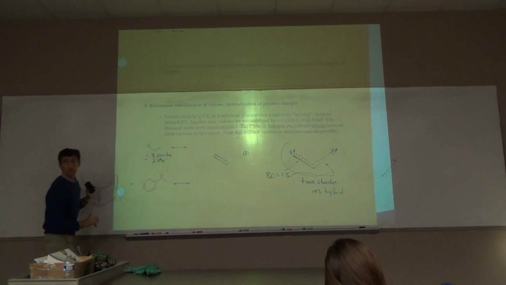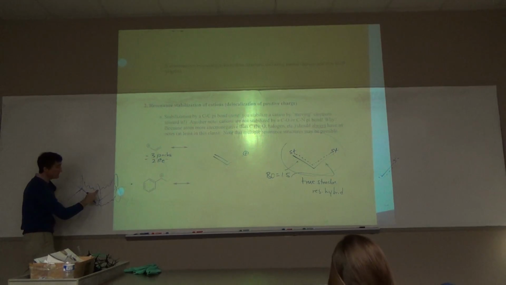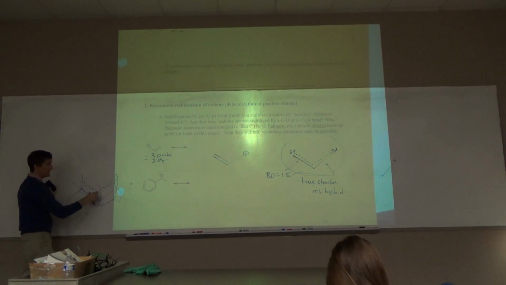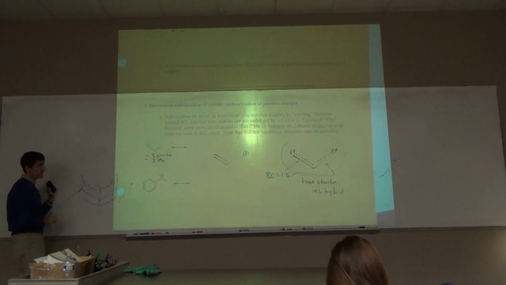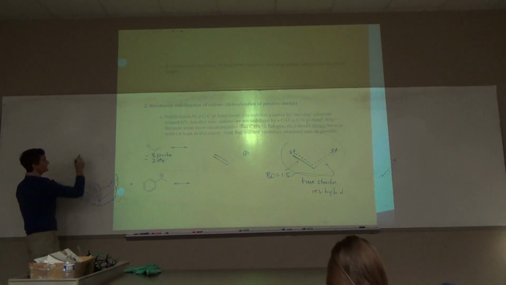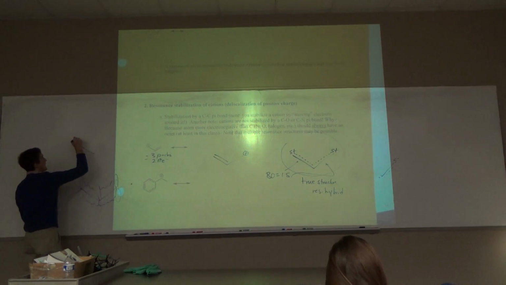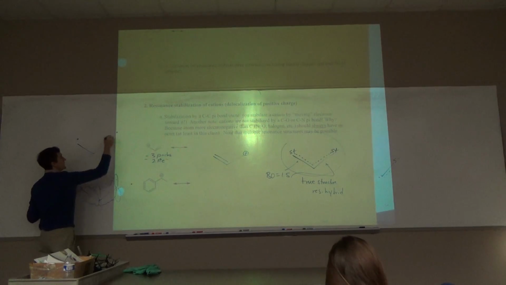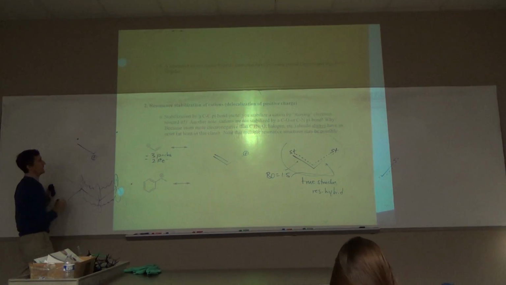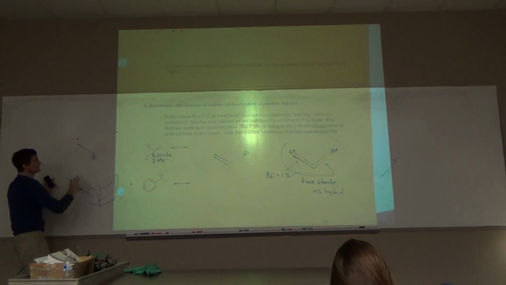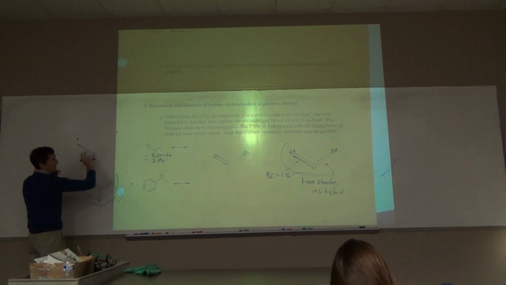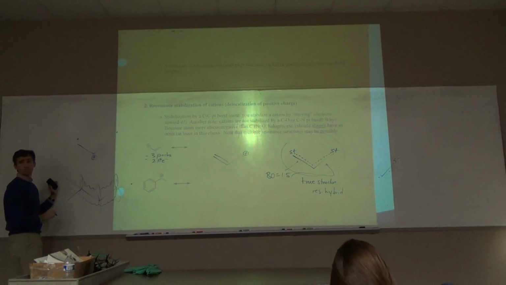Well, that's that structure. I could also put 1 here and 1 there and leave that one empty. That would be a resonance structure, but it would be ugly. It would be 1 here, 1 there, and this empty. That's an ugly resonance structure because it would be a diradical. We're not even going to draw that one.